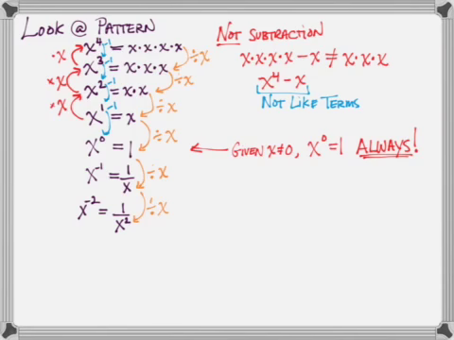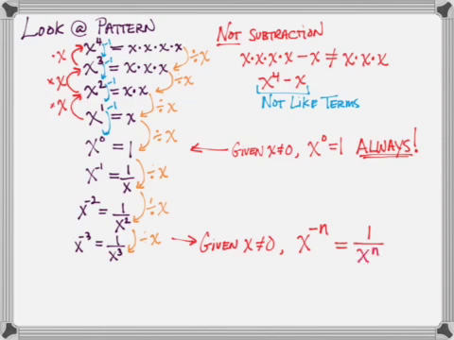So we can see our pattern of what's happening here with our negative exponents. Do it again. X to the third. So x to the negative 3 is 1 over x to the third. So in general, x isn't 0. And why is x not 0? Can you divide by 0? No. So x to the negative power is 1 over x to that positive power.